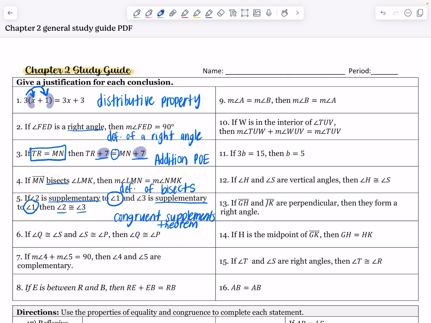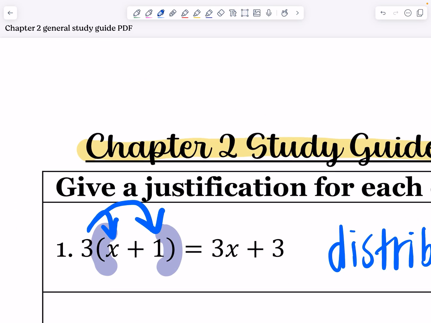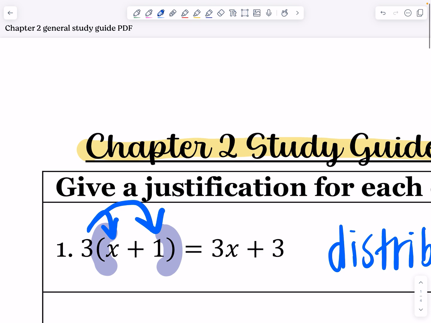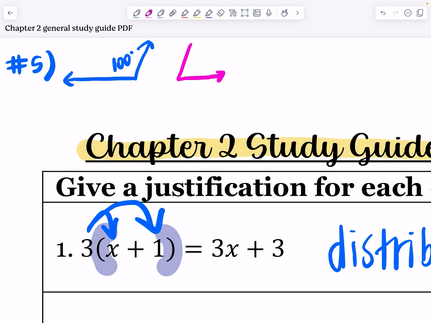I could draw you a quick sketch of this, number 5. Let me see if I can do that in a different spot. Sorry, guys. So for number 5, our congruent supplements theorem, I'm going to draw you a picture of that. That makes this a little bit easier. Let's say we've got an angle, and it is 100 degrees. What would be supplementary to 100 degrees? That would be 80.